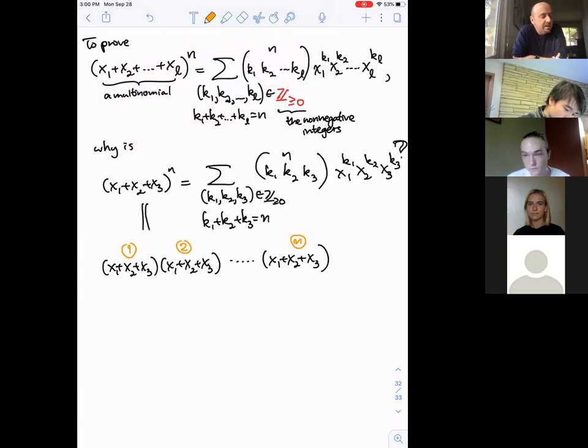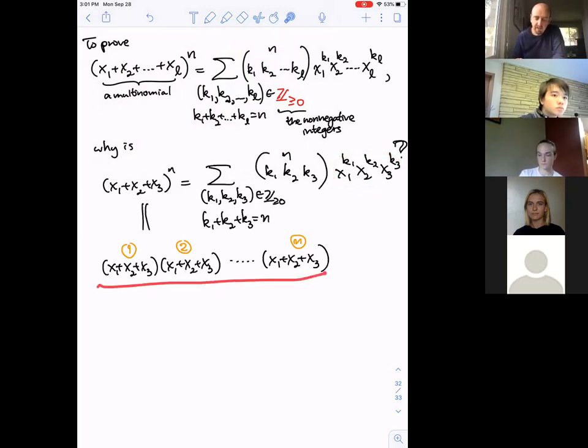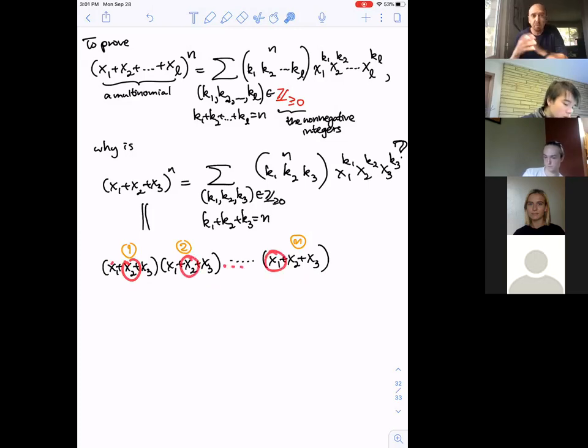And the point is that you have to pick, in order to get this particular monomial popping out, the way we expand this thing is we pick a term from each of these. Maybe from these first 2, I'm going to take the x2. And then from this one, I'm going to take the x1. And all those other parentheses, I have to make a choice of which one I'm taking, either x1 or x2 or x3.